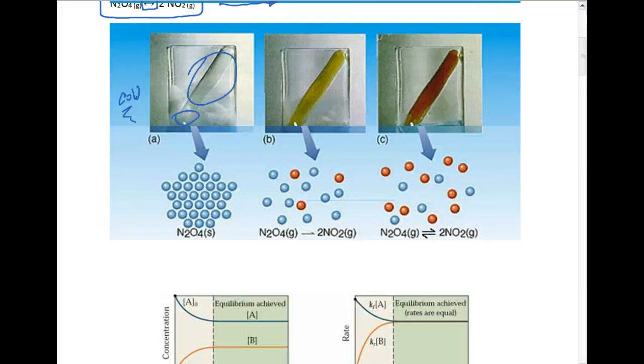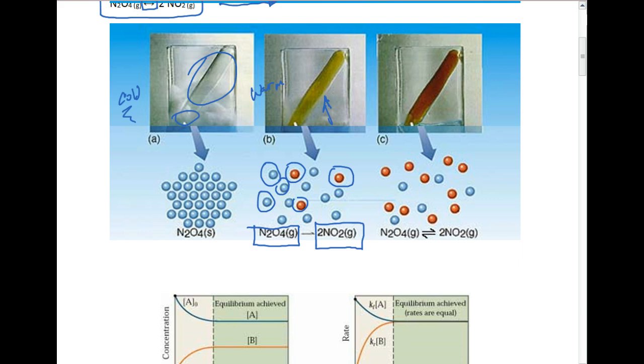Now, as we start to warm this up, we're going to get some N2O4 gas produced, which is also colorless molecules. But we're also going to start producing some NO2 gas, and the NO2 gas are these brown molecules here and here. And so you can see the color of this tube is becoming a little darker.